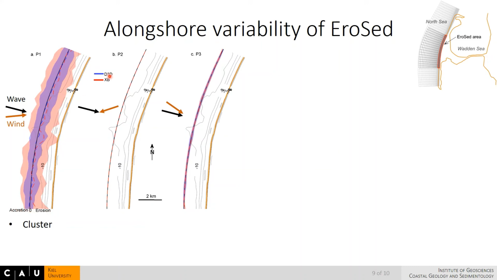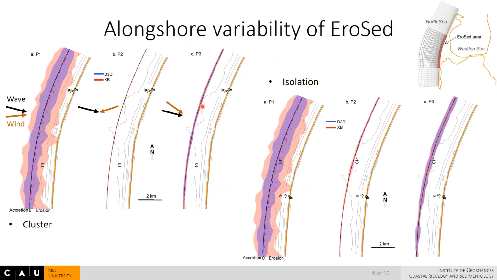Blue is Delft3D, red is XBeach. Dashed lines indicate net changes along the coast. What we see here, the southern coast, higher erosion from XBeach, and even around apex we can see higher erosion. And in P2 event, we cannot see any changes. And in P3 event, we can see some changes.